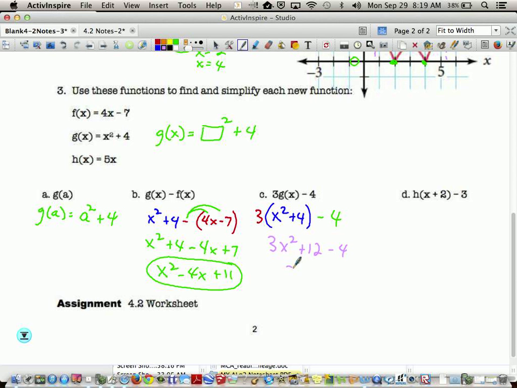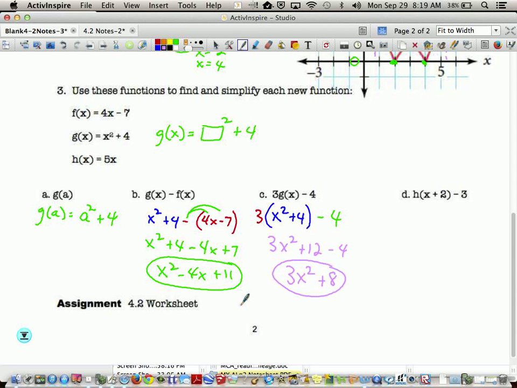Still have that minus 4, so you end up with 3x squared plus 8. Don't do anything else. We're not asking you to do anything else.